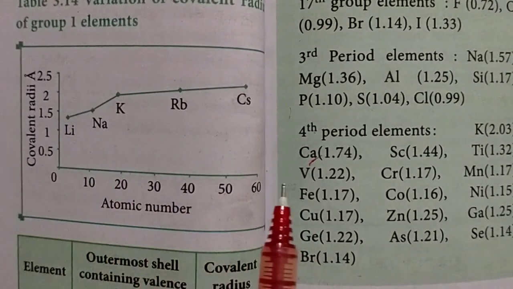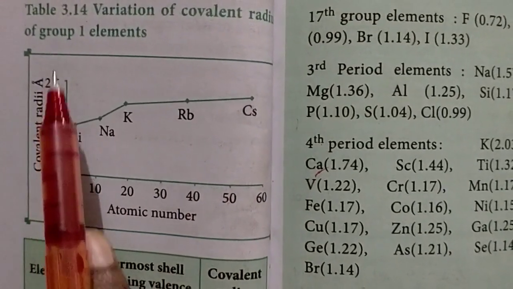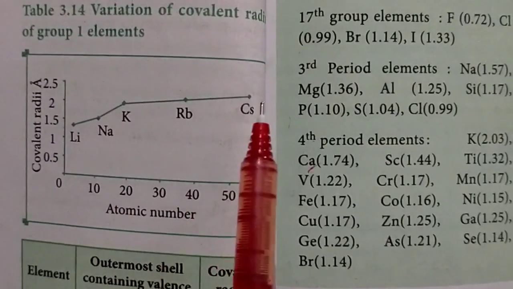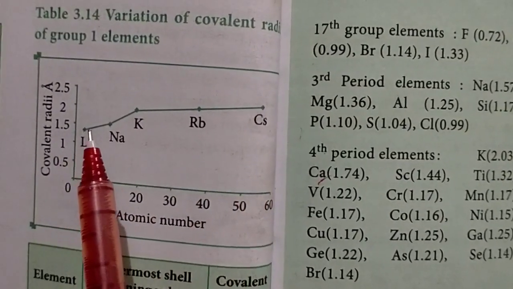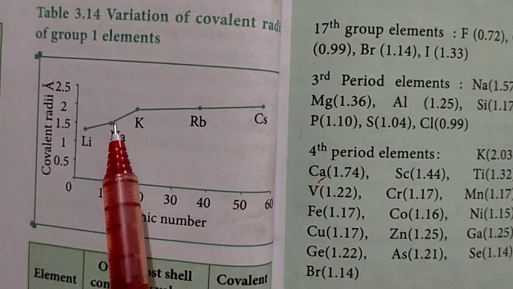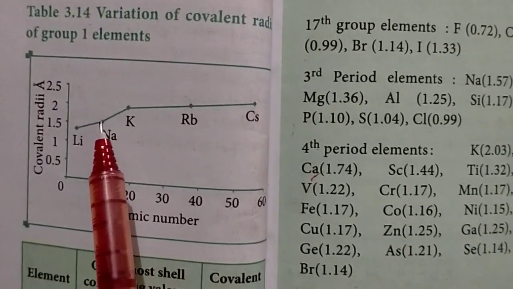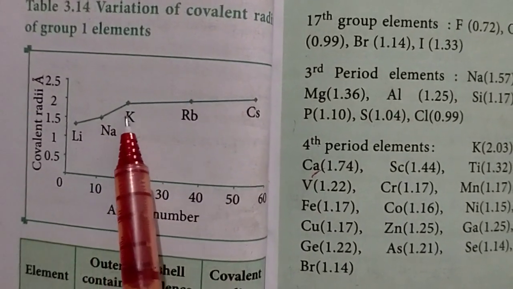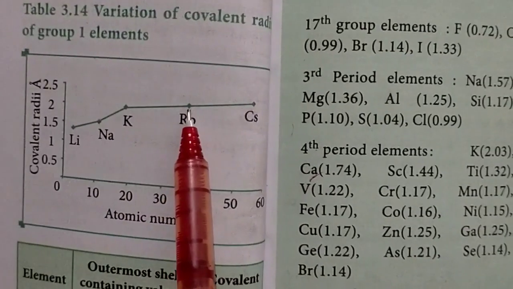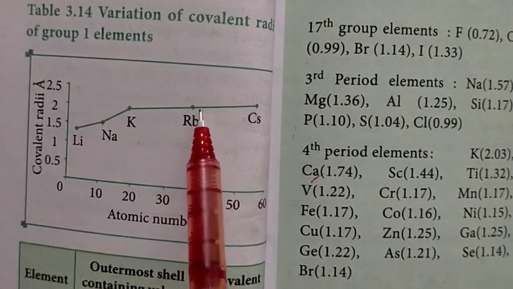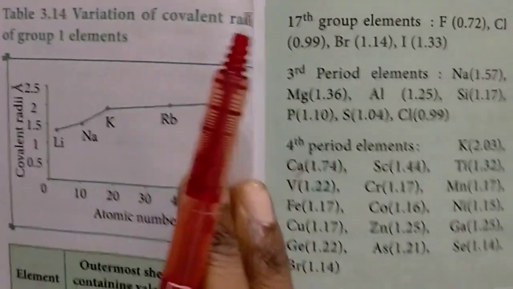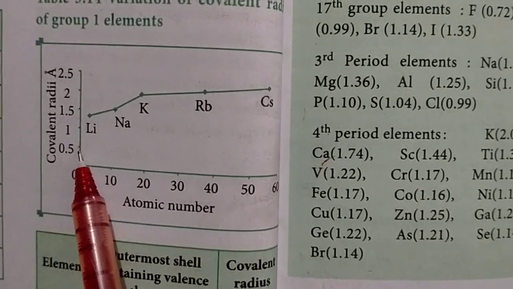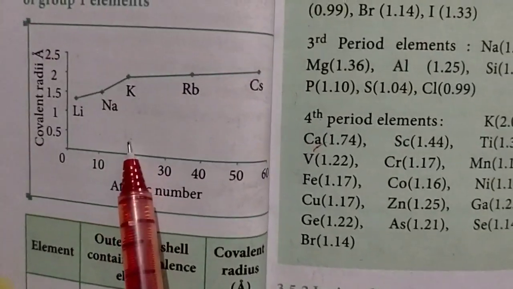Atomic number is increasing with increasing covalent radius because of the addition of more shells while filling the electrons. Sodium has greater atomic radius than lithium, potassium greater than sodium, rubidium a little more, and cesium greater still, because of the addition of electrons in different shells.